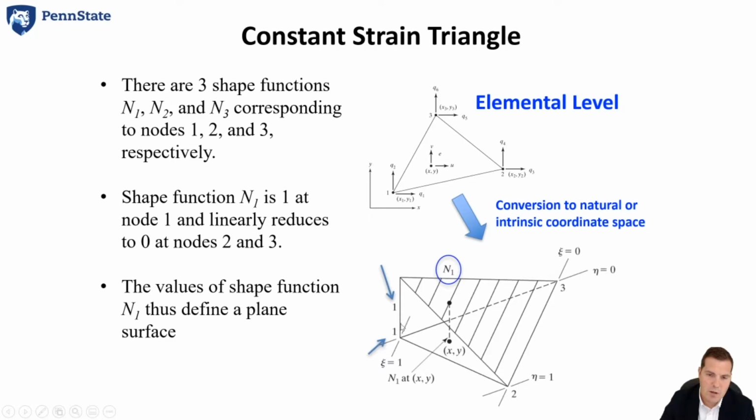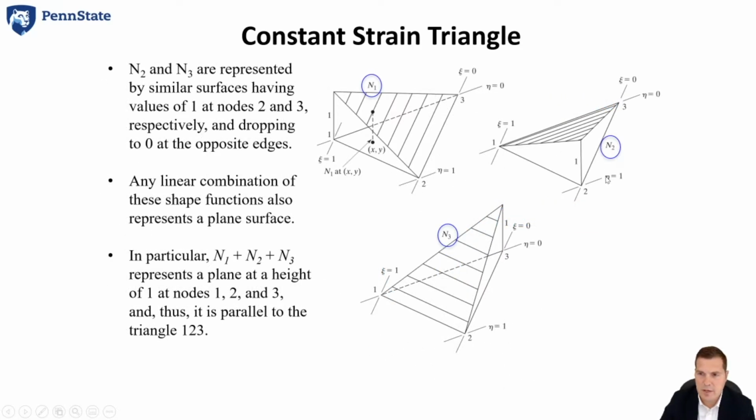At node 1, N1 is equal to 1, and it's equal to 0 at the other nodes. Nodes 2 and 3 are the same way: N2 is 1 at node 2, 0 at other places, and likewise for node 3.